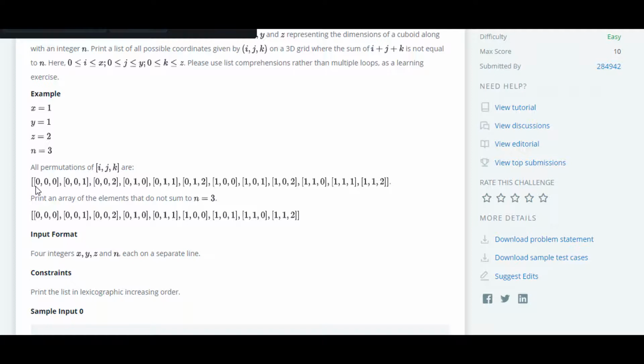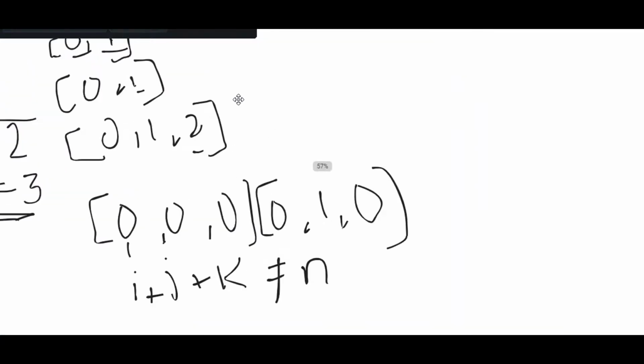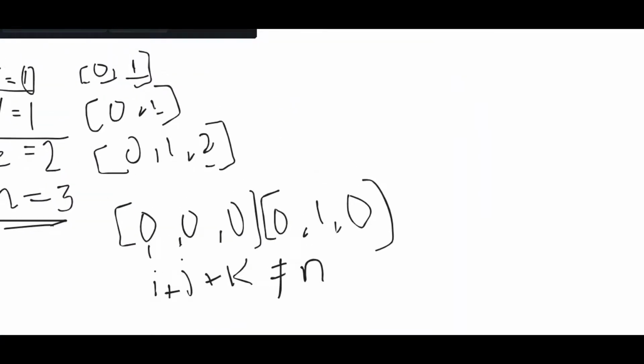As they have shown, for example take this: its sum is 2, it's not equal to 3. Here also its sum is 2 plus 1 plus 1, it's 4, it's not equal to 3. Till what extent can you take? 1, 1 and 2 are the highest values which we can get. So from this set it is 1, from this it's 1, and from this it's 2. This will be the last one.